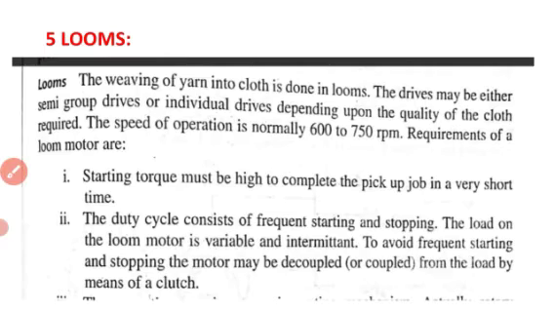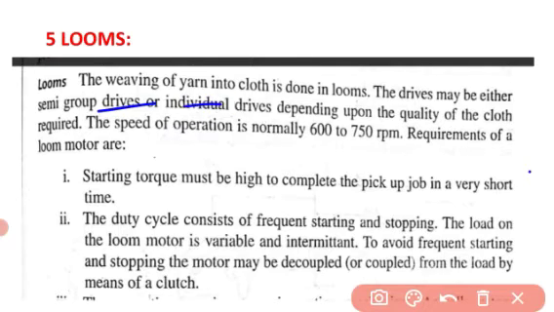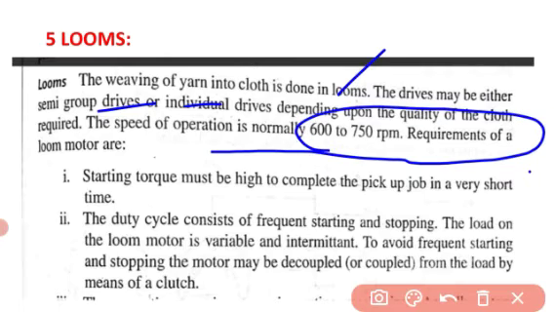Next process is the looms. The weaving of yarn into cloth is done in looms. Their drives may be either group drives or individual drives, depending upon the quality of cloth required. The speed of operation is normally 600 to 750 rpm.